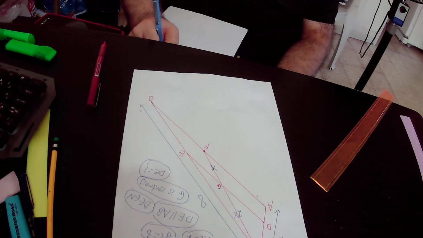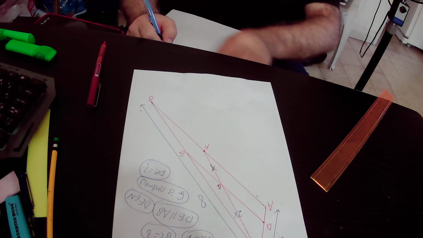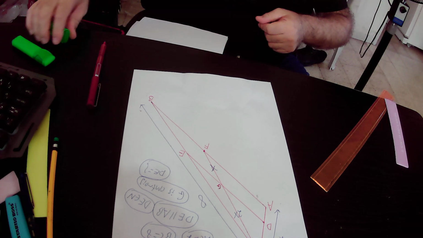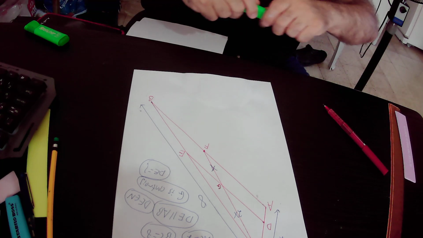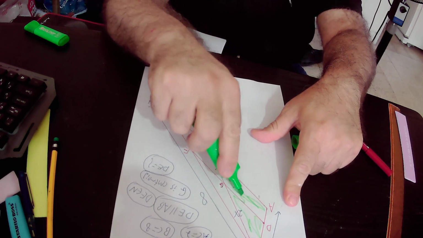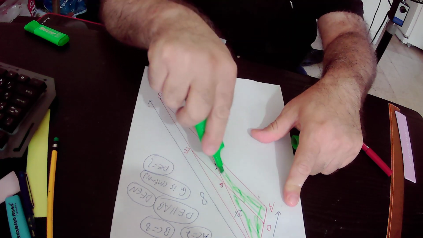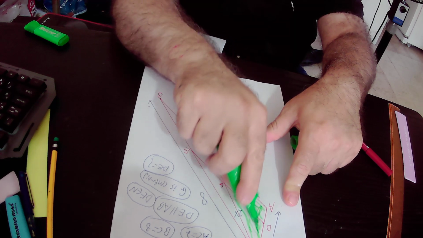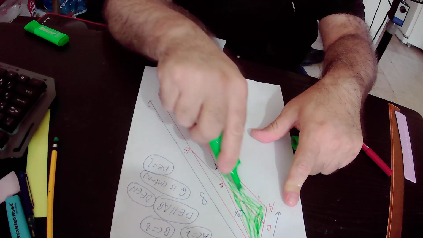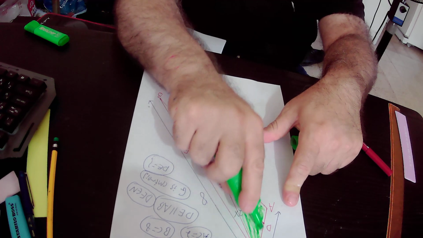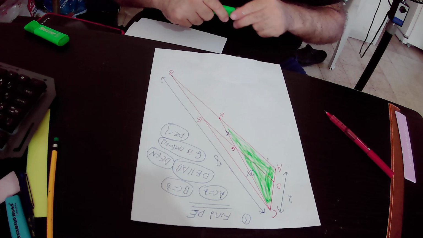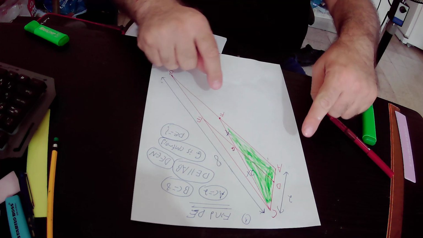Therefore, according to rule number 2, if we relate to the green triangle ACF, we know that DE is parallel to AB.